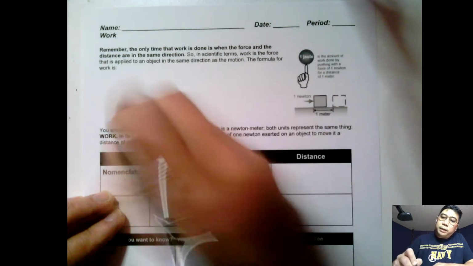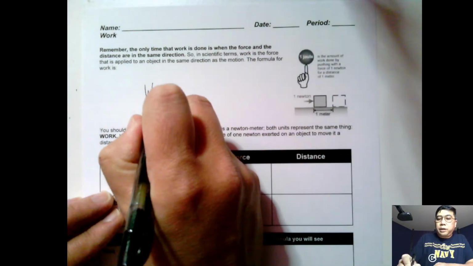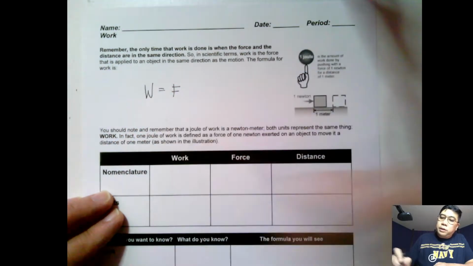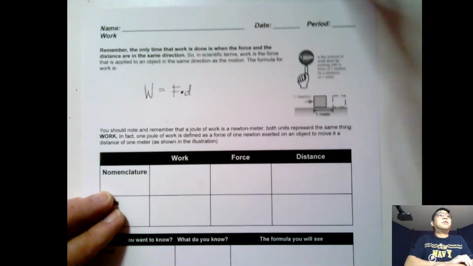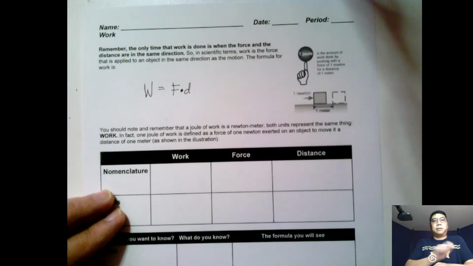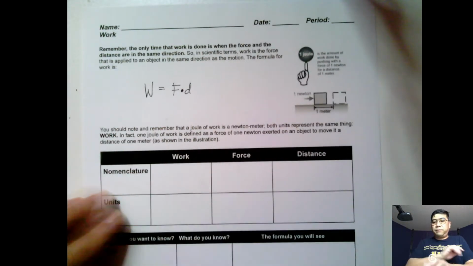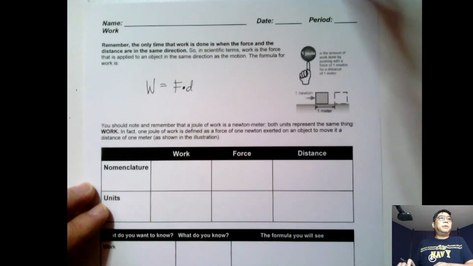So work can be written with the equation work equals force times distance. Make sure it's a dot multiplication: W equals F times D, where D is distance, W is work, and F is your force. So let's put this information in the table.